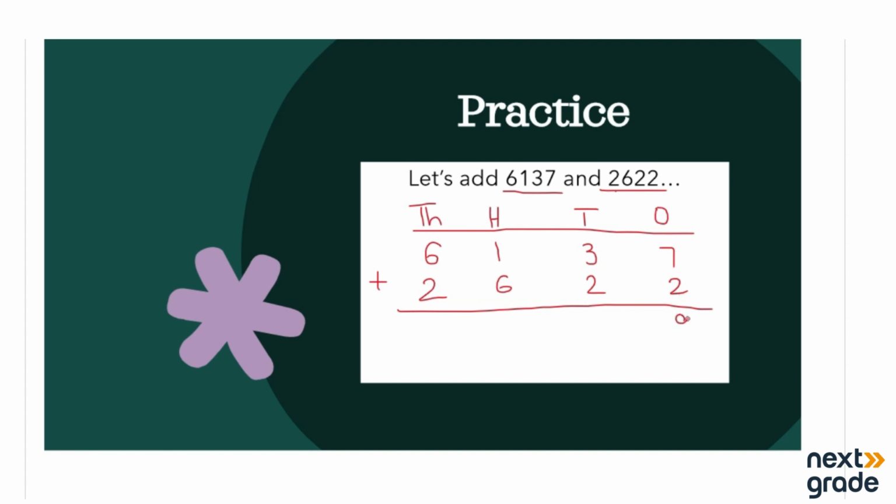So write over here 9. 3 plus 2. What is 3 plus 2? Yes, that is 5. What is 6 plus 1? It's 7. What is 6 plus 2? It is 8. So the answer for adding a 4 digit number and a 4 digit number is 8759.